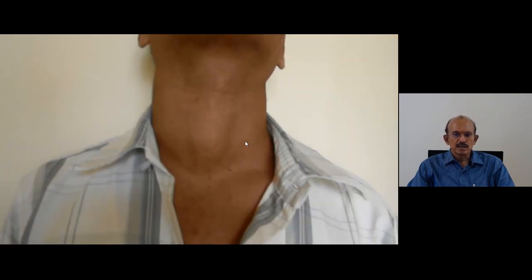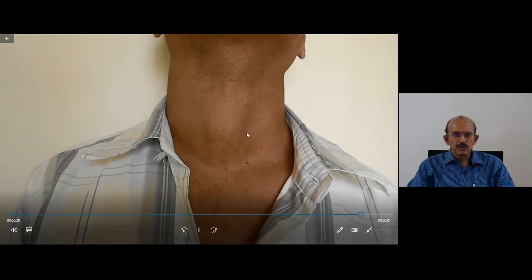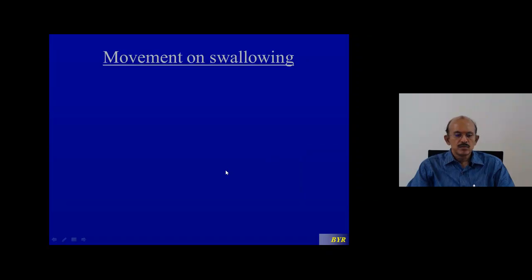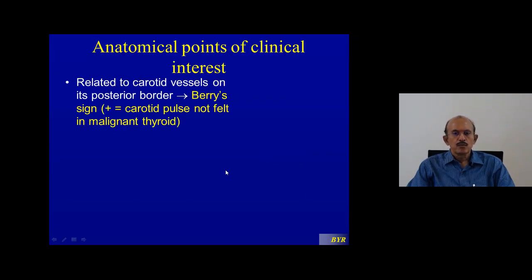So the patient is swallowing, the thyroid cartilage is moving, and along with that the thyroid gland also is moving upwards. It is related to carotid vessels on the posterior border. That is why it produces a clinical sign called Berry's sign. Berry's sign positive means carotid vessels not felt in malignant thyroid.